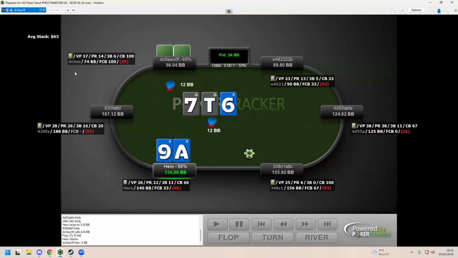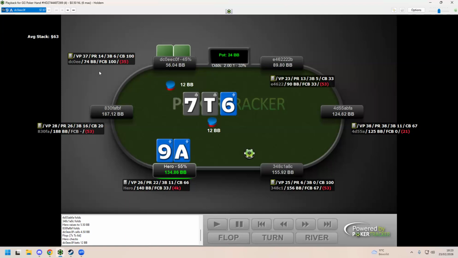His VPIP isn't that big, although it's 35, 37, which is pretty big, but it's a small sample size. People who limp a lot tend to have a way bigger VPIP, I think, like 60.